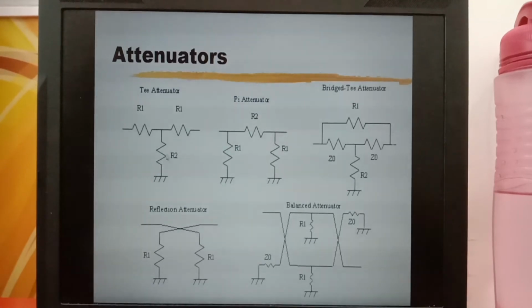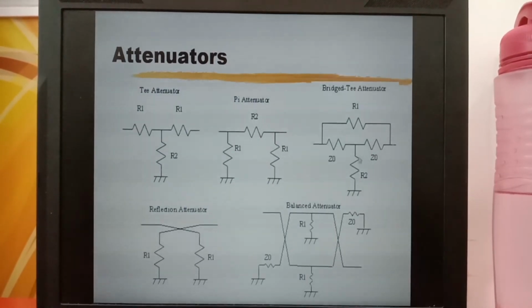We must select the value R1 and R2 properly so that we achieve two targets at the same time. That is getting the attenuation and impedance match at the same time.